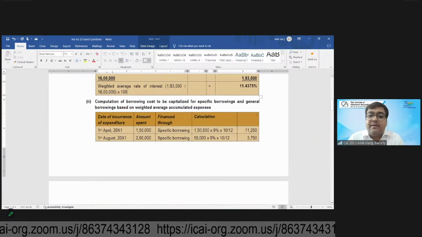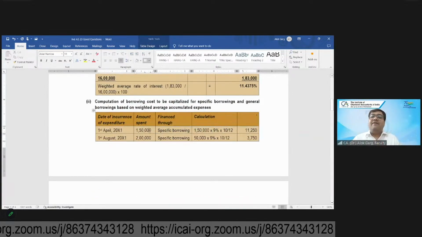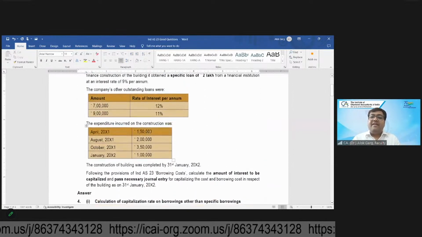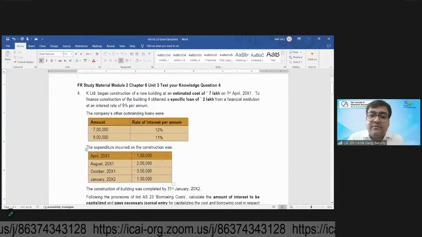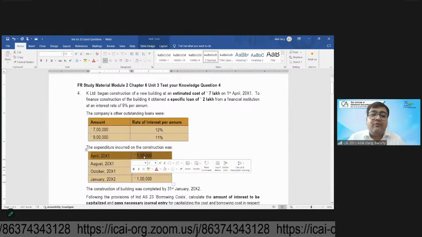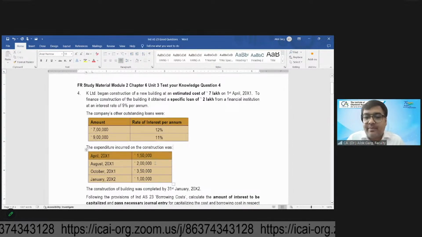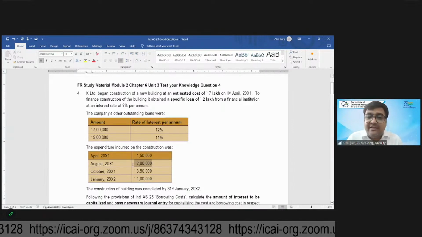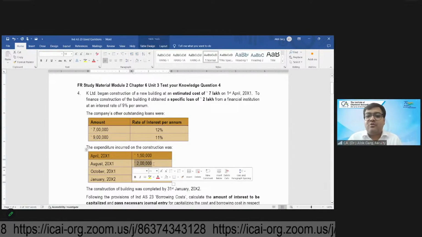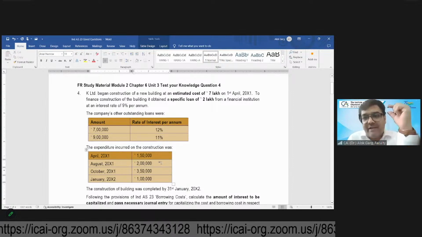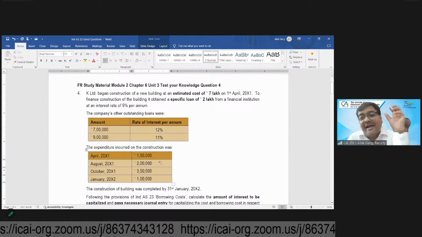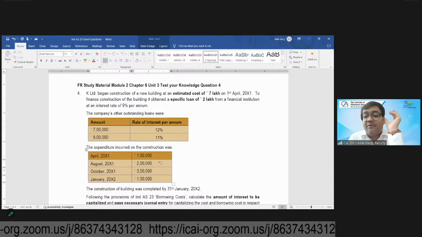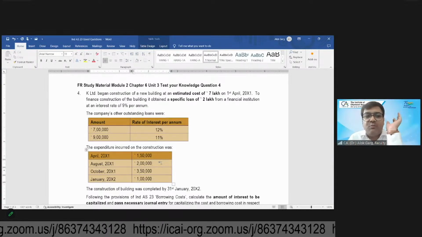Now, the first 1.5 lakh, where would it have been financed from? First 1.5 lakh would have been financed through specific borrowing. But the specific borrowing is 2 lakh. It means that out of the next 2 lakh, 50,000 would have been financed from specific borrowing, and the remaining 1.5 lakh would have been financed from the general pool borrowing.